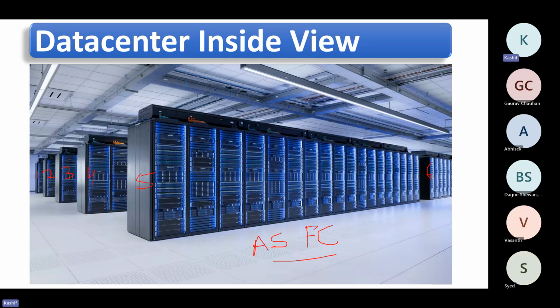Basically, each container has high configured servers. As you see, these are racks, and each rack has high configured servers. So when you create your subscription, it will get created in any one of the racks. Okay. So you basically get a space, and that space is dedicated to you. Nobody else will have permission to access that space.